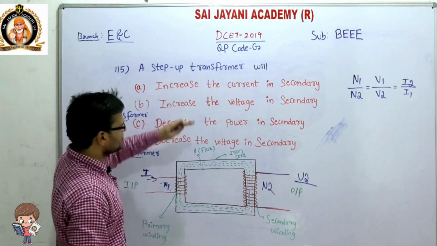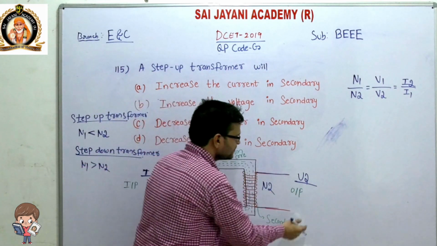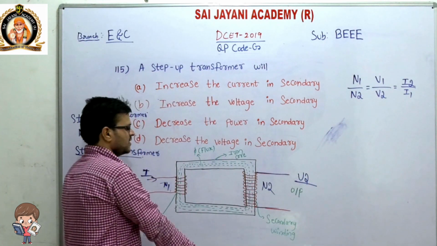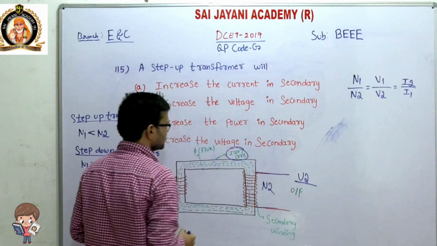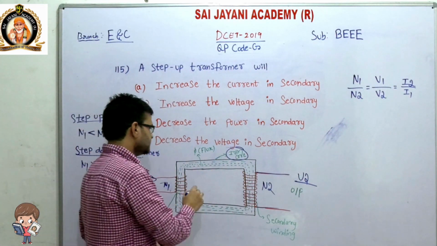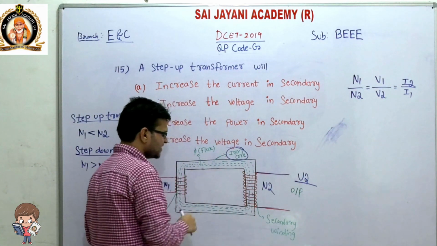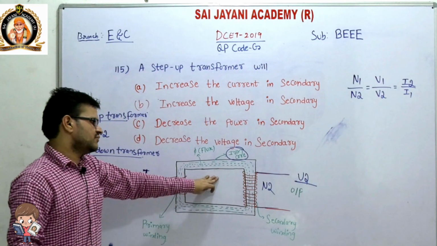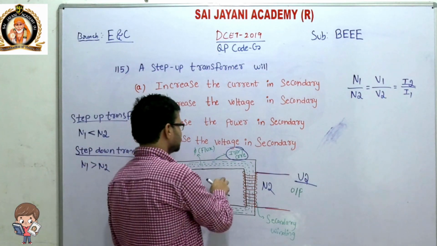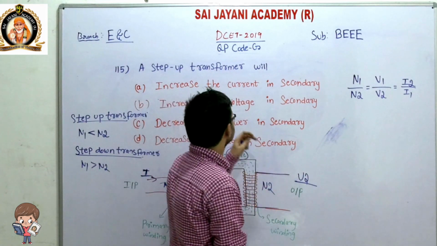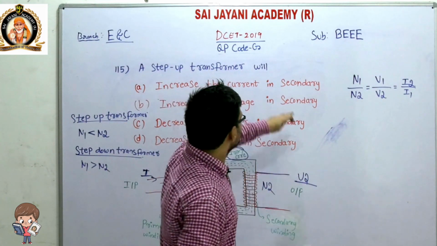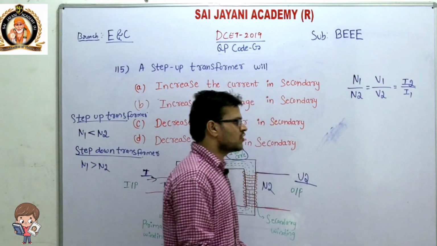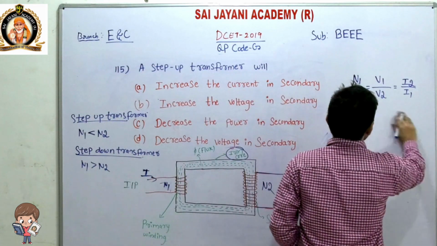That means a step-up transformer will step up the voltage. Here we are using an iron core. This iron core transfers the magnetic flux without an air gap. This step-up transformer can be solved by using one example.